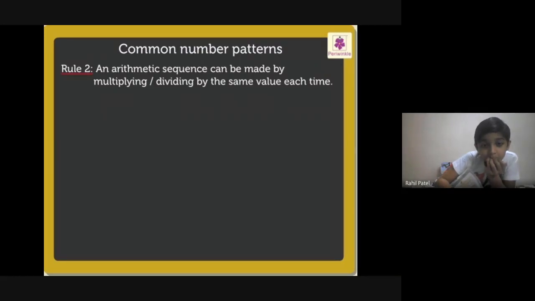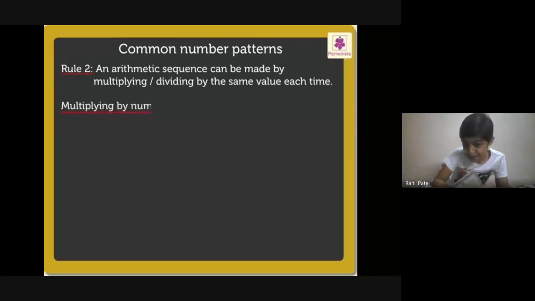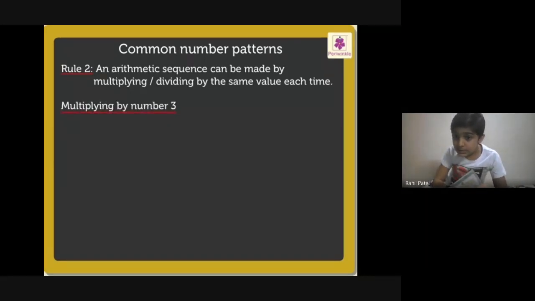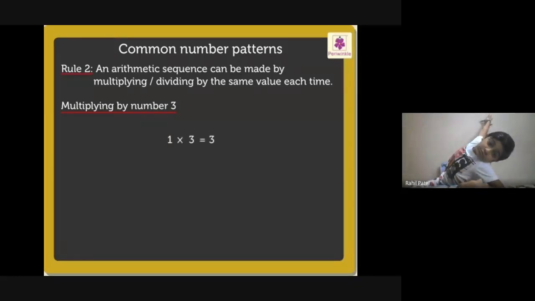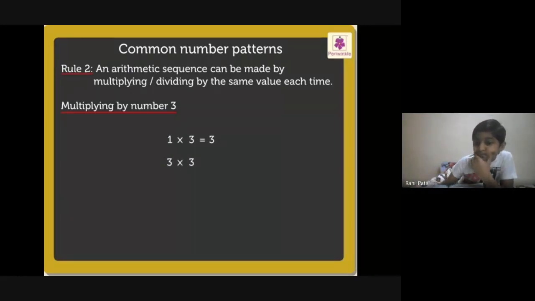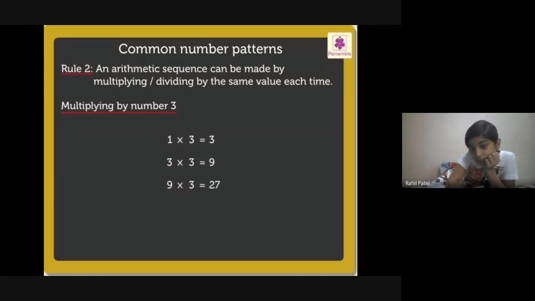Let's see how to get an arithmetic sequence on multiplying by number 3 each time. So here, on multiplying 1 by 3, we get 3. Now, when 3 is multiplied by 3 again, we get the product as 9. Next, 9 multiplied by 3 is equal to 27.